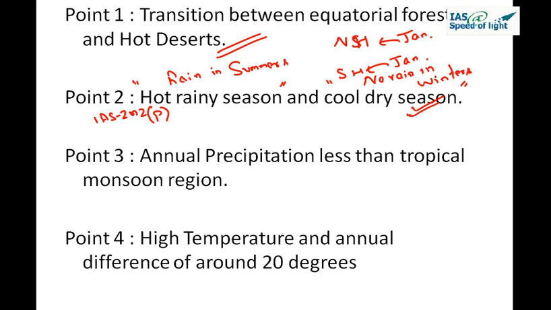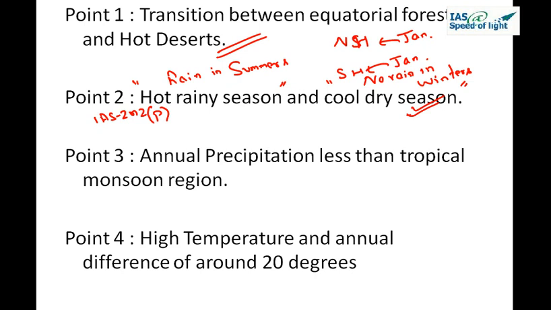Savanna is a tropical land, between 10 to 30 degrees, so it is definitely going to have a hot season. Rainfall in summers, and no rainfall in winters. And again, we know one more thing about savanna: it is the transition from the equatorial, so there is not much rainfall throughout the year, right?